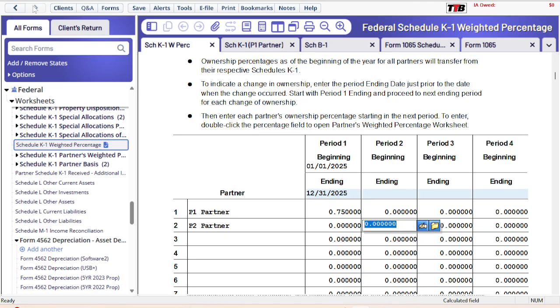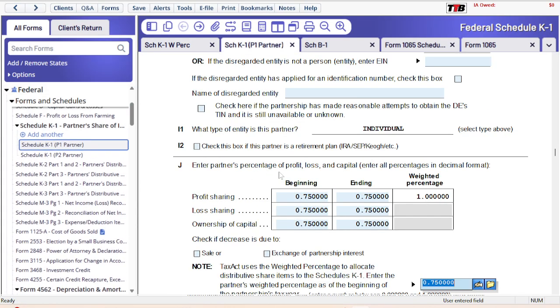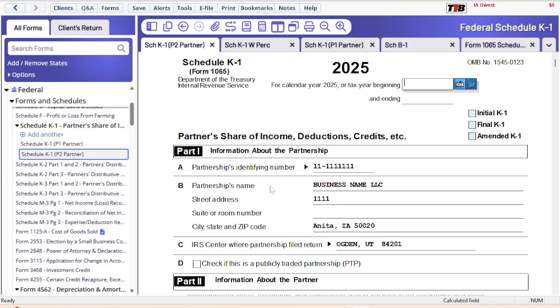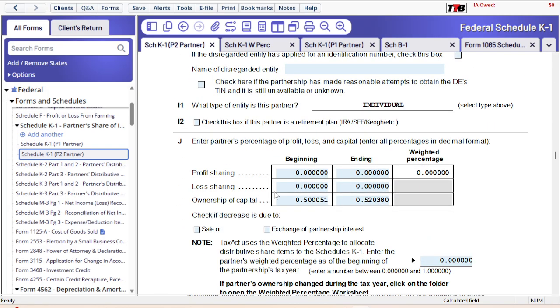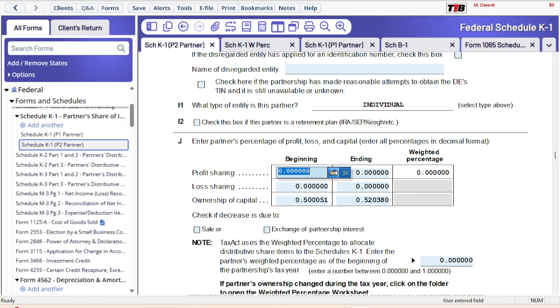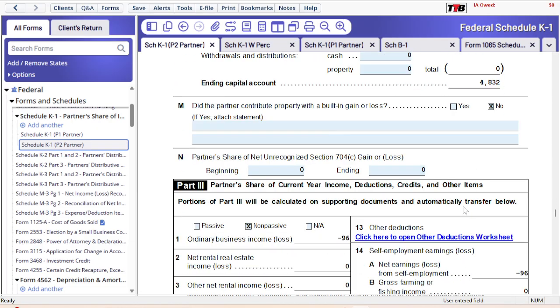Okay, let's go back. Okay, so we can check partner 2, and we will go all the way down. So partner 2 is going to be 25, 0.25, 0.25, 25% for partner B, and partner A 75%. So now that we did those, let's go back.